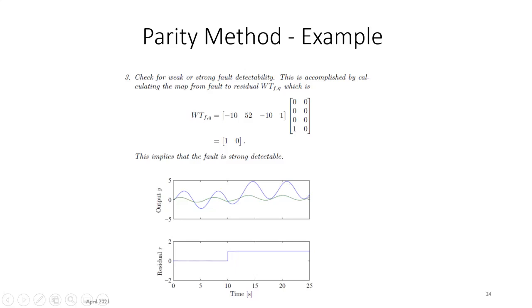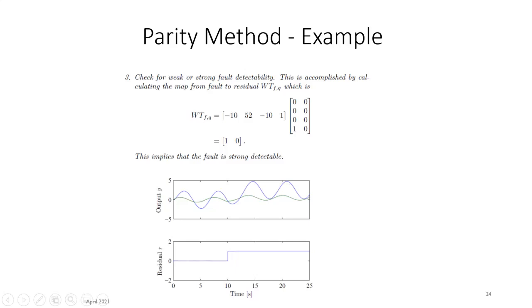In principle, in general, it could be a function of time, but here it's not. Which means that if you have a fault, imagine that the fault is 0.1, then the residual would be this value multiplied by the fault, so the residual will remain non-zero, which means that you have strong detectability. I hope it makes sense.